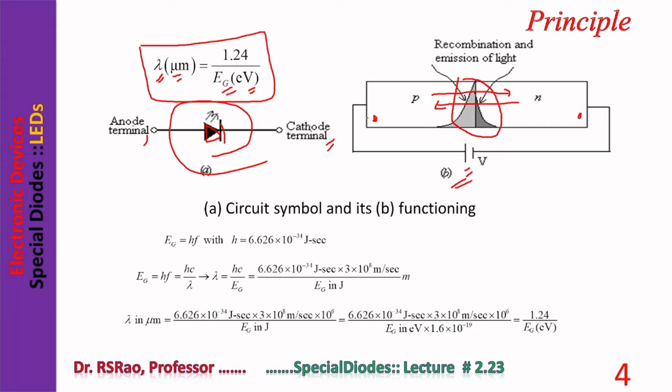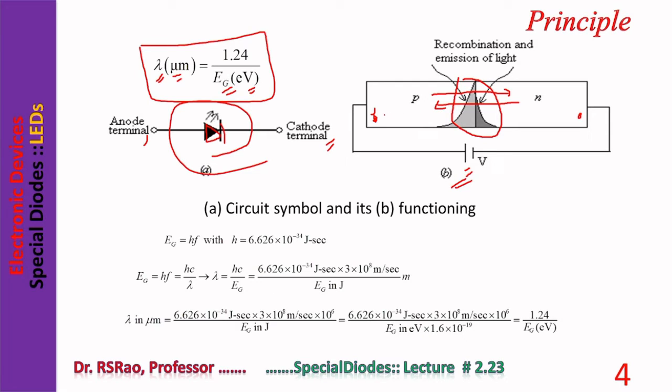At the ends, for example, if you consider P side end, far away from the junction region, here holes may be plenty, but electrons are very few, because by the time the electrons cross the junction region and travel towards this end, it may get recombined with some holes.